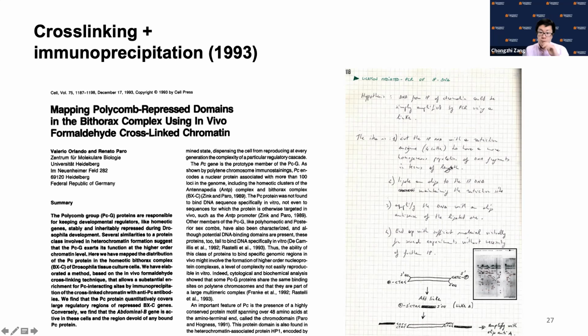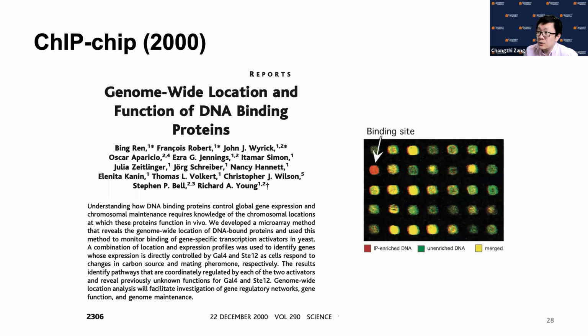In order to get this protein information, this ChIP information, genome-wide, we needed technological advances or innovative technologies in the genomics era. Initially, this could be done using a technology called ChIP-chip, meaning that the first chip stands for chromatin immunoprecipitation, similar to what we described, and the second chip means a microarray.